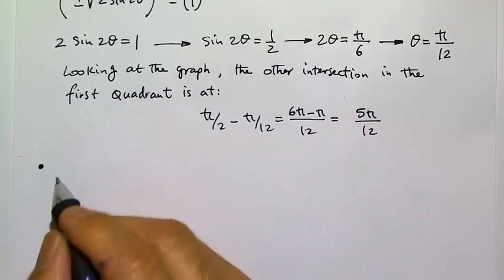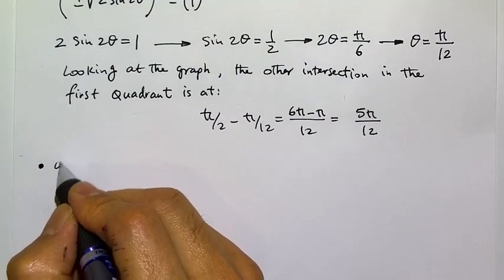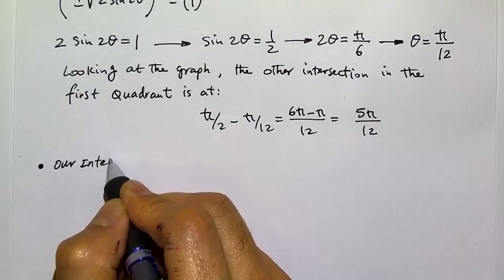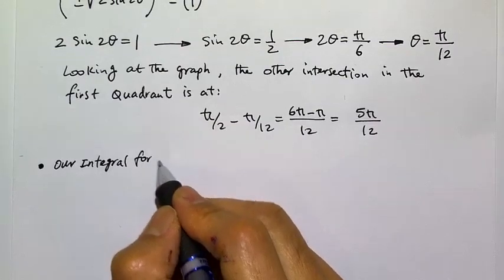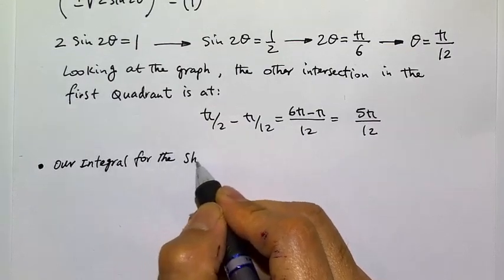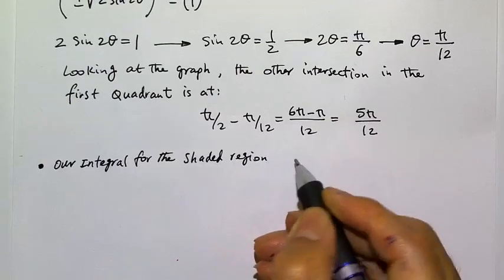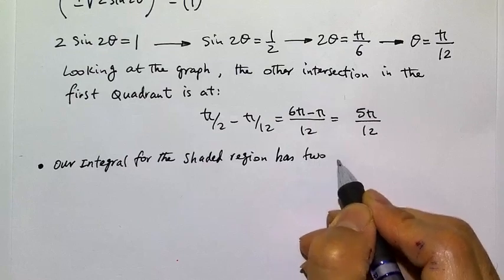So, our integral for the shaded region has two pieces.